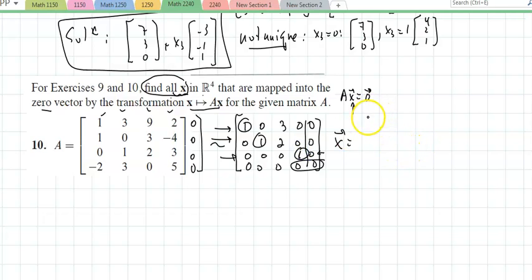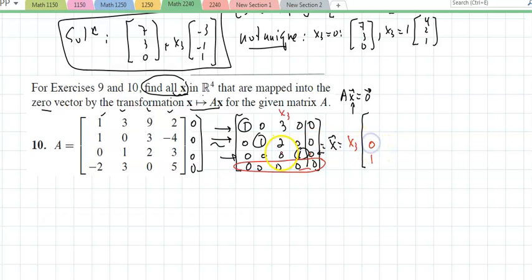So doesn't this mean that this actually applies to x3? x3 is free.